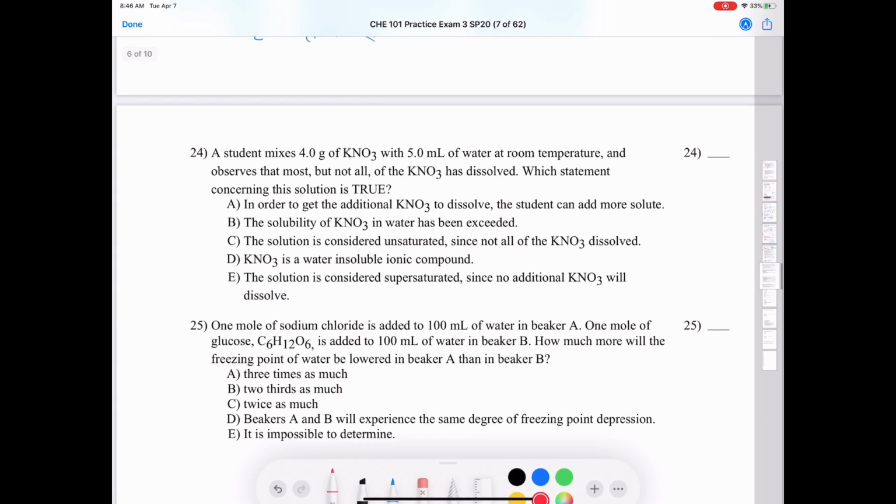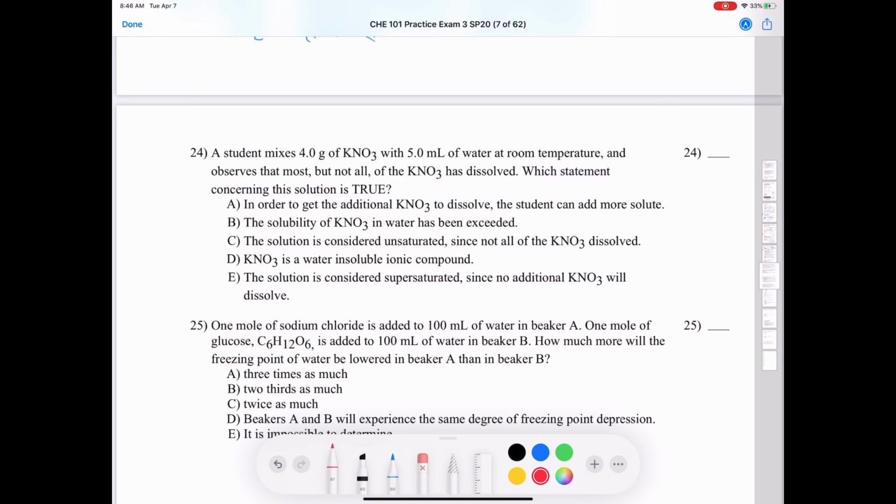Number 24, a student mixes 4 grams of potassium nitrate with 5 mL of water at room temperature and observes that most, but not all, of the potassium nitrate has dissolved. Which statement concerning this solution is true? A: In order to get additional potassium nitrate to dissolve, the student can add more solute.